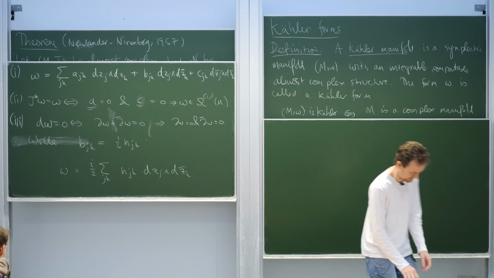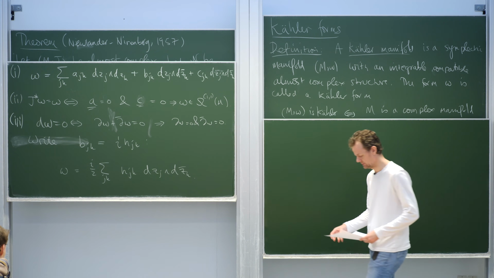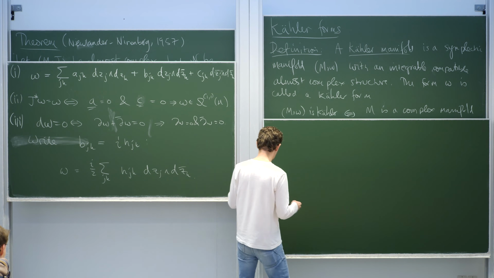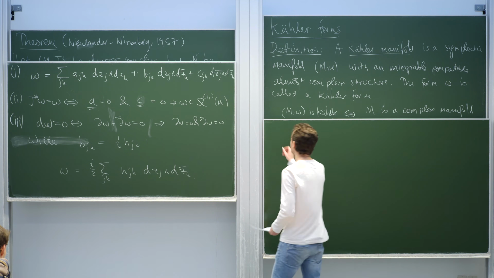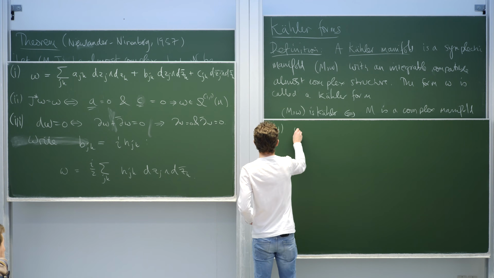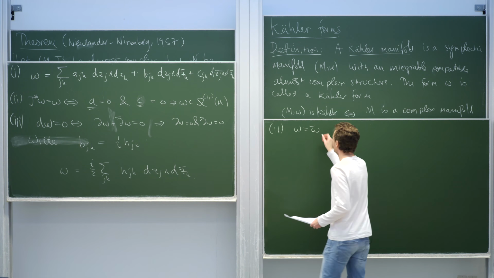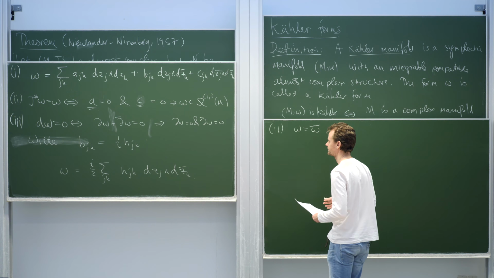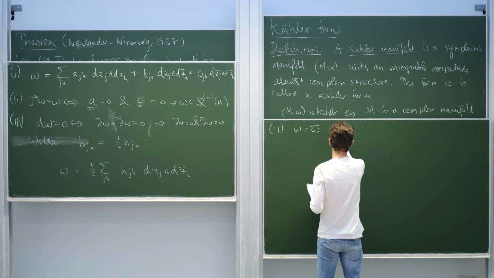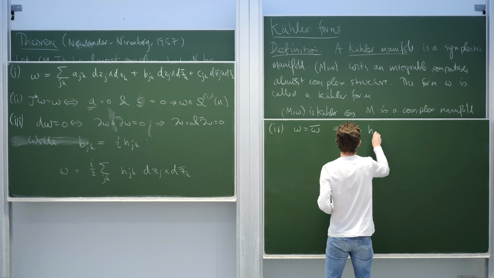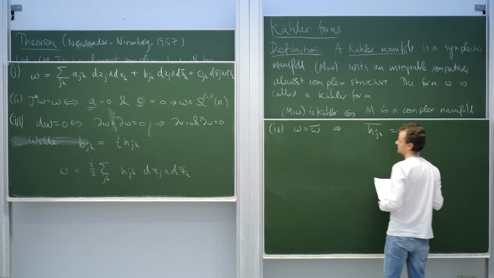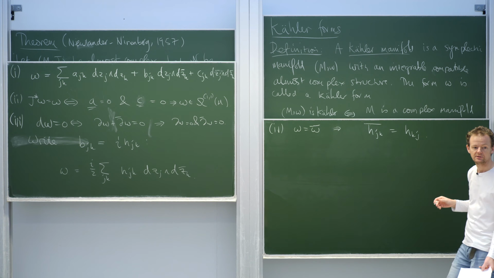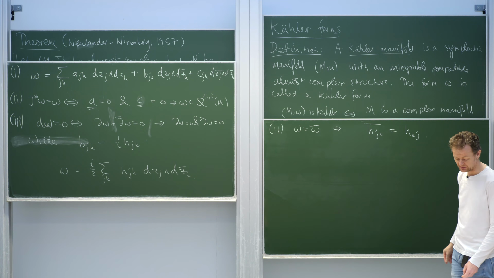Okay, one or two more properties and then we've got everything we need together. Fourth property we can use, well, we know that omega equals omega bar. So that implies that h_jk bar equals h_kj. So h_jk are the elements of a Hermitian matrix.